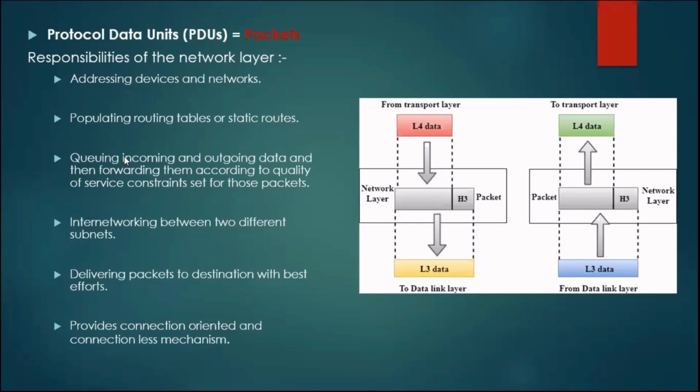Then this network layer will also be looking at the queuing of incoming data, and then forwarding it according to the service constraint of the packet. If I'm using video, I don't want my video to lag, so video gets higher priority.